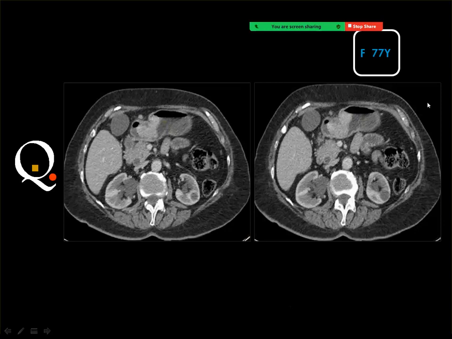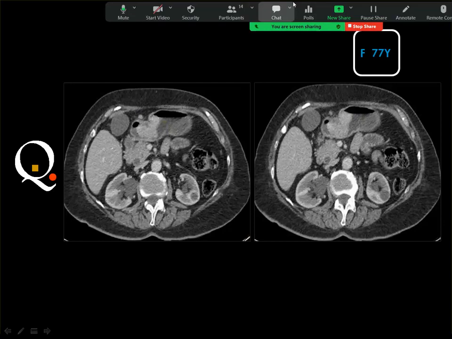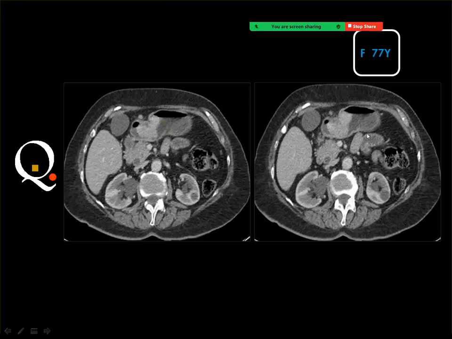The next case is a female patient, 77 years old, with this abdominal scan. Multiple lymphoma? Lymphoma where? In which organ? In the intestine? Yeah, this is the small bowel.